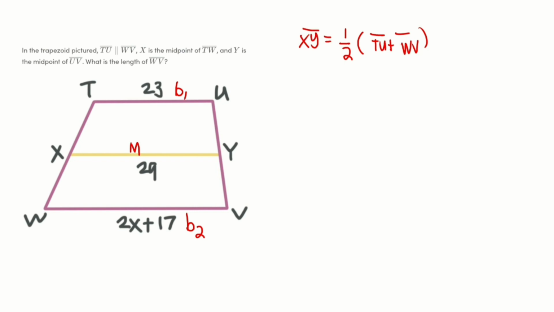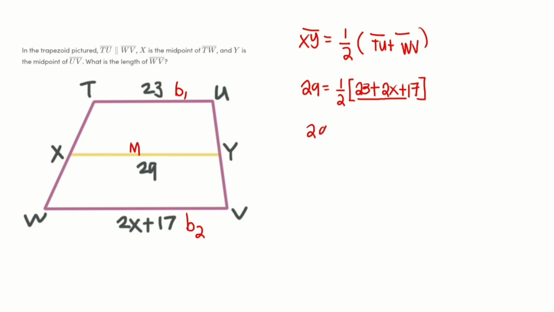The length of segment XY is 29, is equal to 1/2 multiply to TU, which is 23, plus WB, which is 2x plus 17. Then we simplify this.